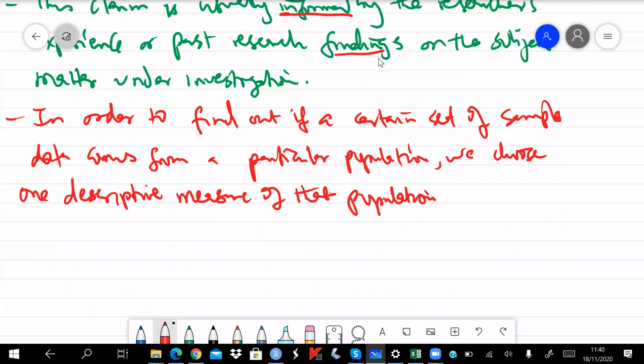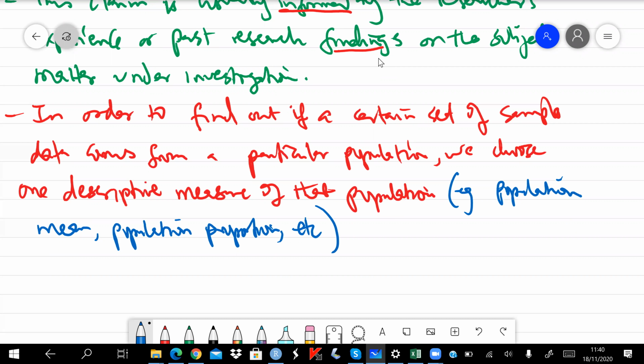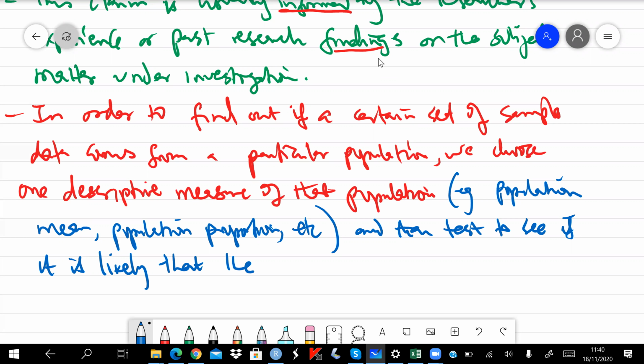You can talk about, for instance, a measure like population mean, population proportion, population variance, etc., and then test to see if it is likely that the sample belongs to that population.